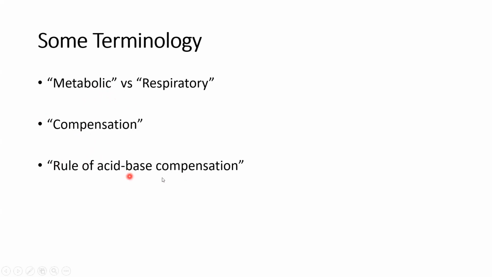The acid-base compensation rule is, for example, if the kidney is at fault and due to some problem with the kidney's managing of hydrogen and bicarbonate the acid-base balance has been disturbed, the compensation will come from the respiratory system. This is the rule. So if the kidney malfunctions, respiration comes to its rescue, and if respiration malfunctions, the kidney comes to its rescue. This is the general rule of thumb.